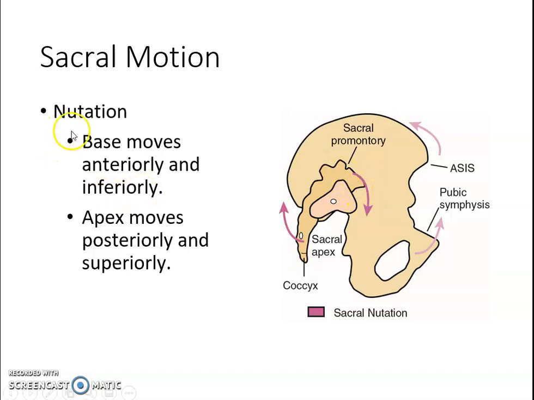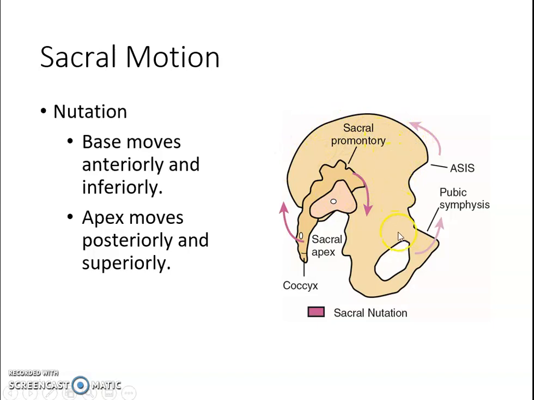So the first movement is called nutation. The base of the sacrum is our reference point. When it moves anteriorly and inferiorly, it is called nutation. When the base moves anteriorly and inferiorly, the apex will automatically move posteriorly and superiorly. The axis is right at the sacroiliac joint.